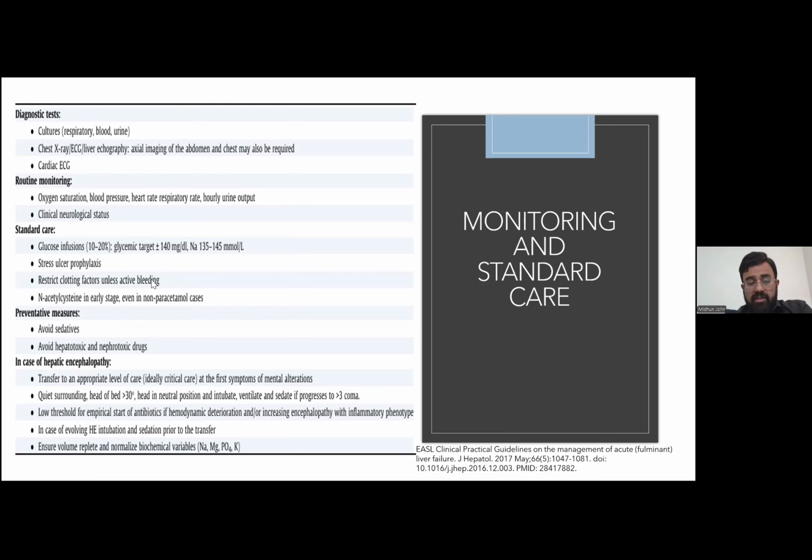N-acetylcysteine in the early stage, even in a non-paracetamol case, is recommended in our guidelines as well. With these patients, also do the basics of managing them in a high care ICU setting, with the bed up to 30 degrees, head in a neutral position, and monitoring for the need for invasive ventilation. But I'll be speaking a lot more to that a little bit later.